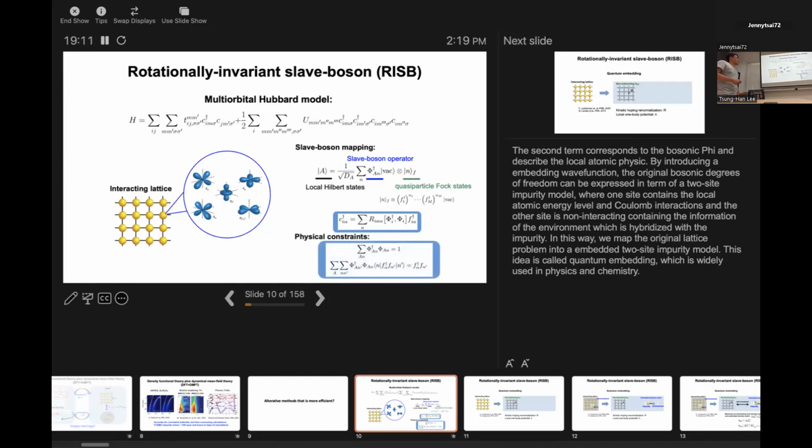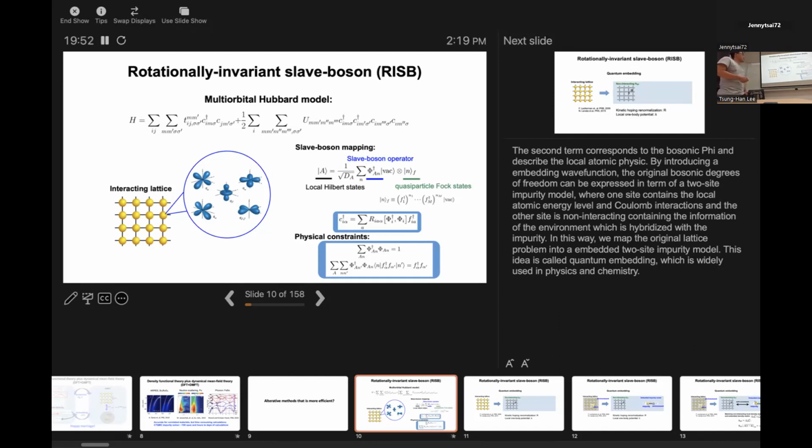Because we have enlarged our Hilbert space to be a product of boson and fermionic states, we have to apply constraints so that our solution lives in the physical states. The first requires that the boson amplitudes, or the occupancy, has to be 1. The second is a gauge constraint: when we perform a gauge transformation simultaneously on the boson field and the fermionic field, the entire Lagrangian, if we write it down, will be gauge invariant.